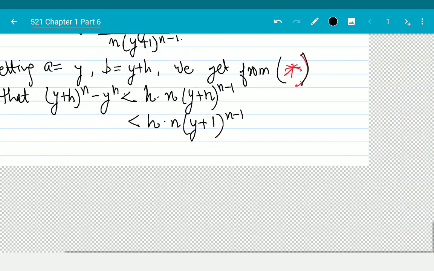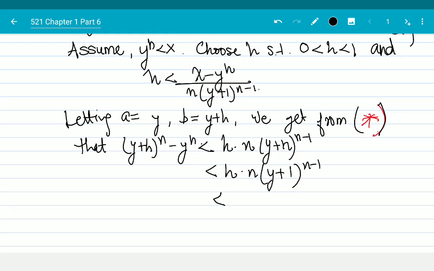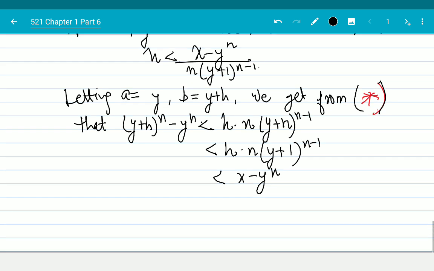And I also know that H is smaller than X minus Y to the N over N times blah, blah, blah. Things cancel. This is strictly smaller than X minus Y to the N.